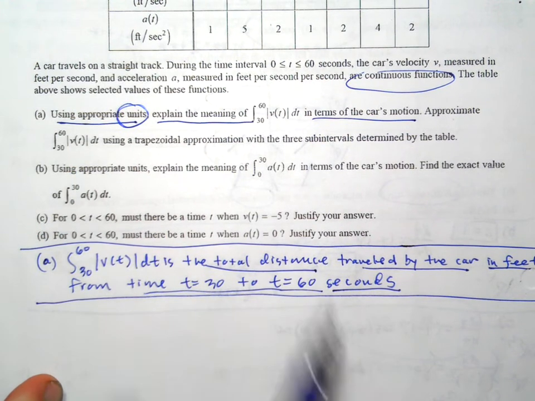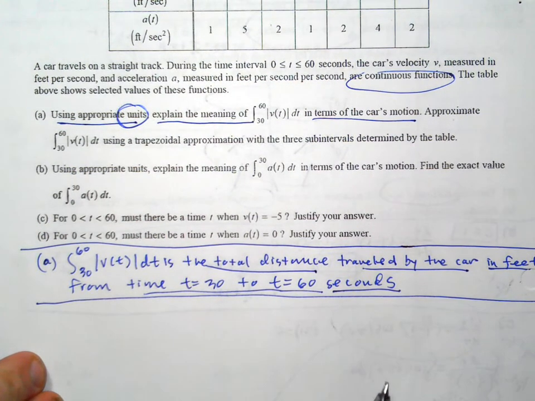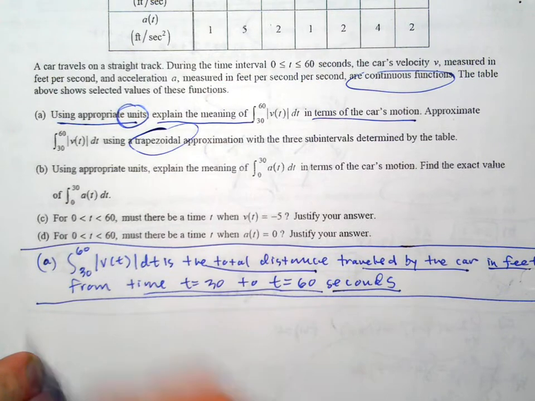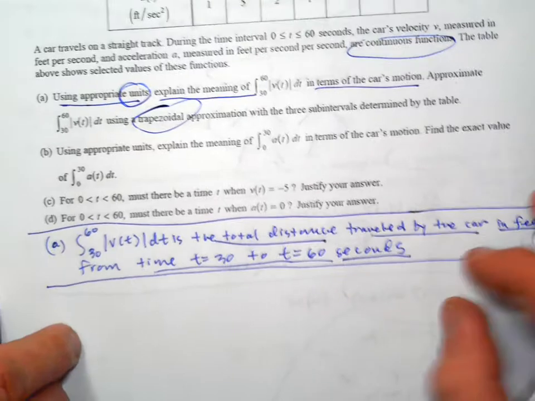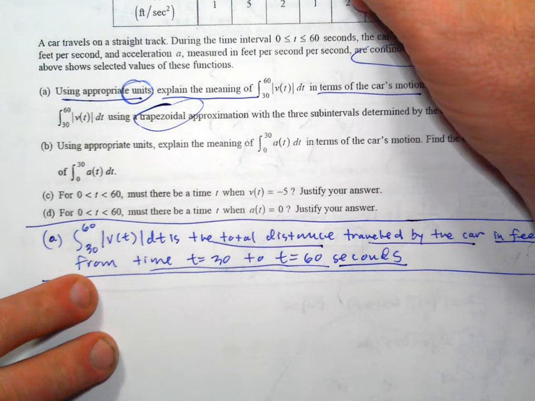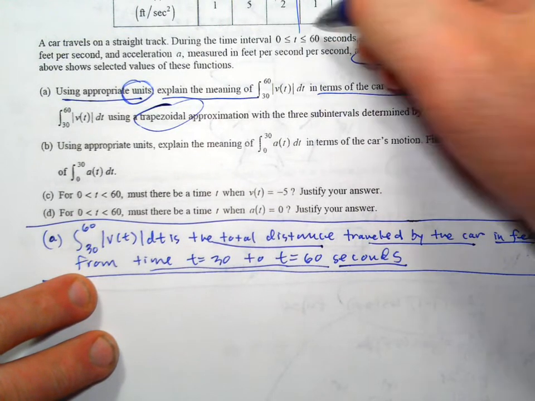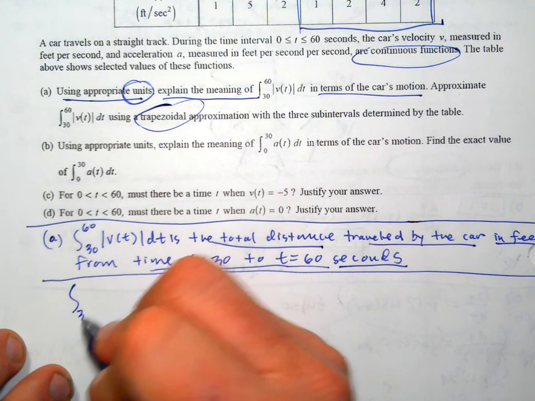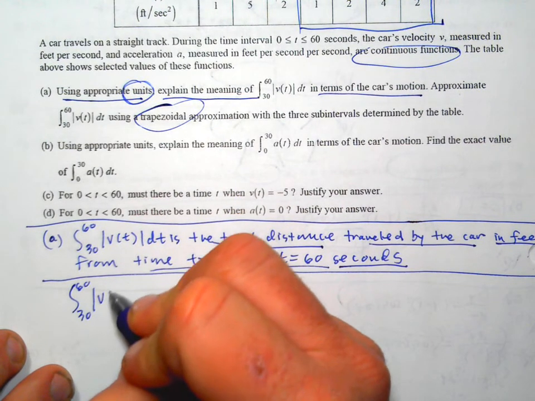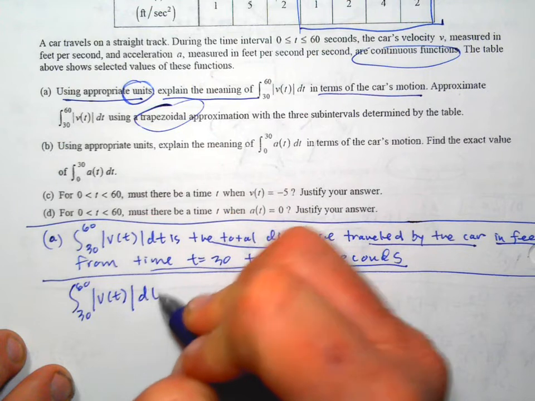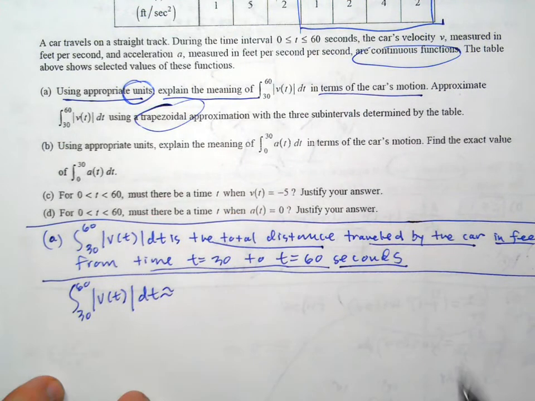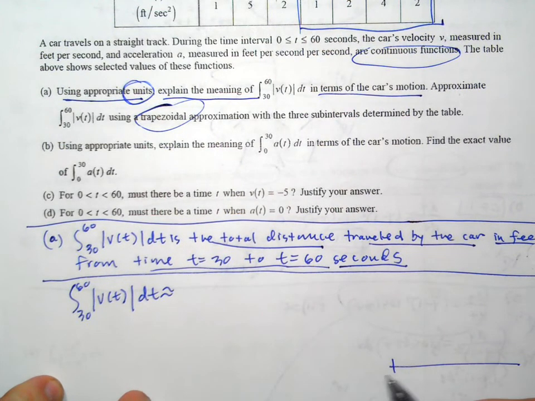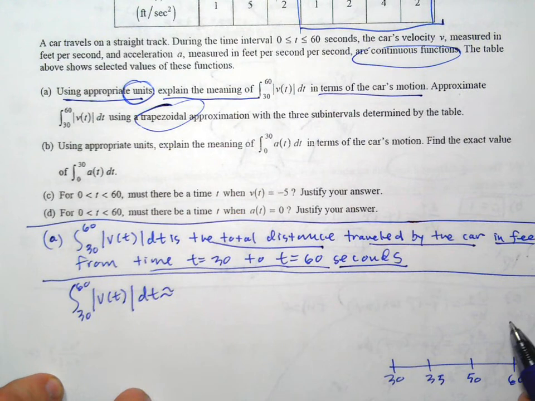Be specific. Now, it says approximate it with a trapezoidal approximation, 3 subintervals determined by the table. Now, realize that 30 to 60 is not the whole table. That's just like half of it, right? So the integral from 30 to 60 of the absolute value of v(t) dt is going to be approximately, so I'm gonna draw a little picture here. 30, 35, 50, 60, and we're integrating velocity.